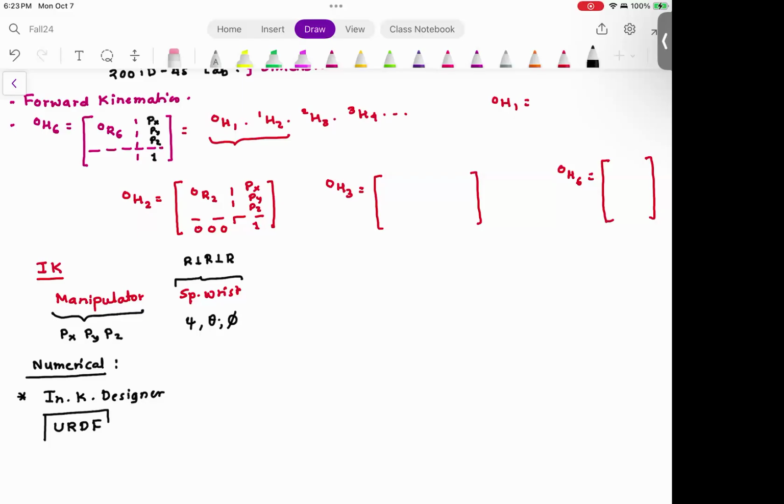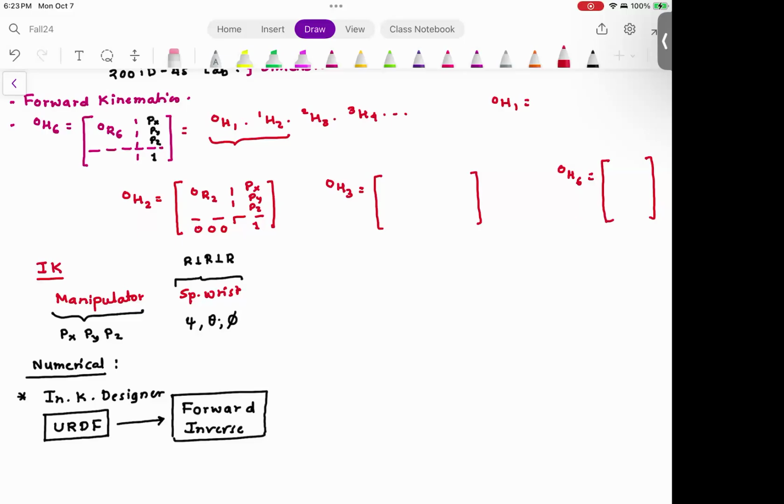MATLAB Inverse Kinematic Designer uses this URDF file to solve for forward kinematics and inverse kinematics.